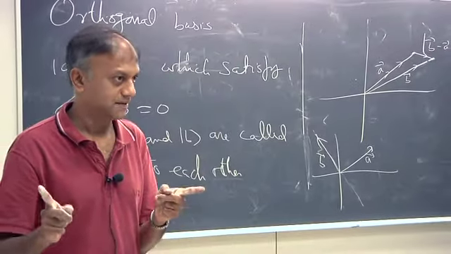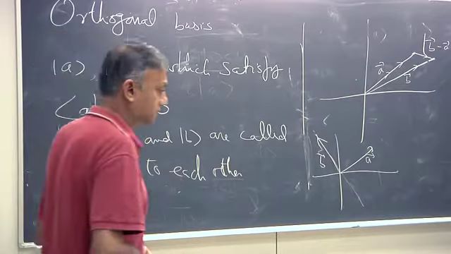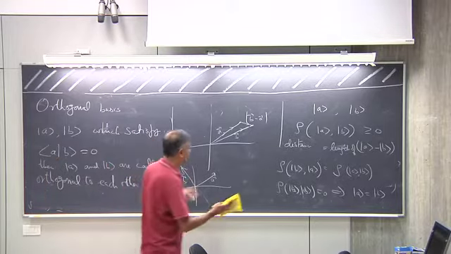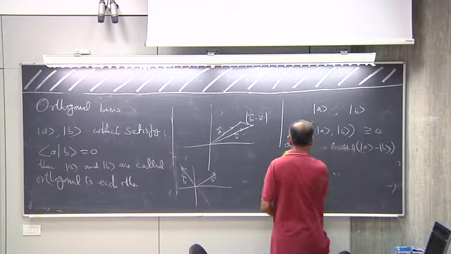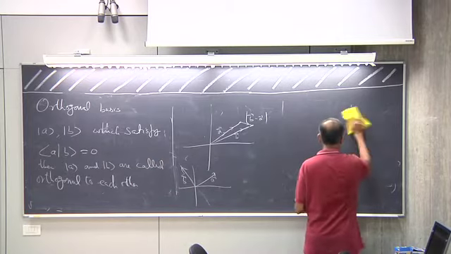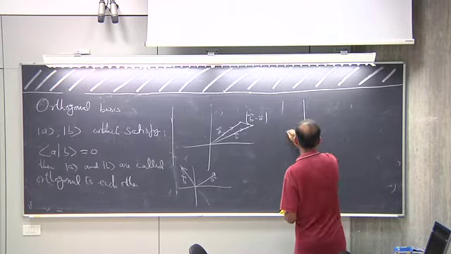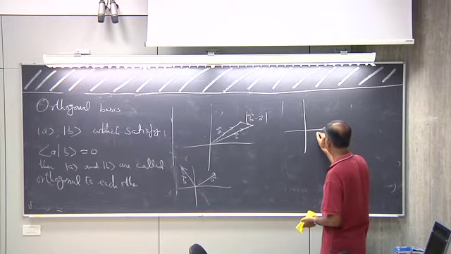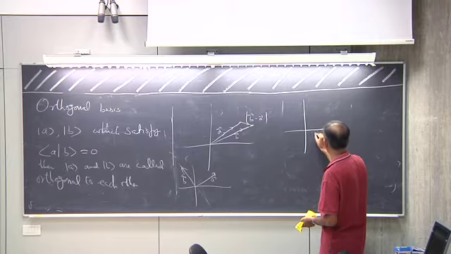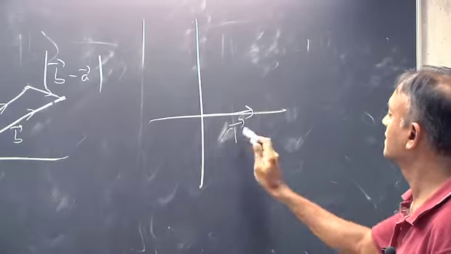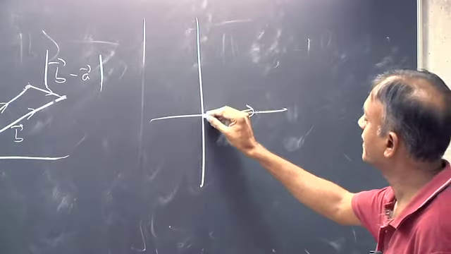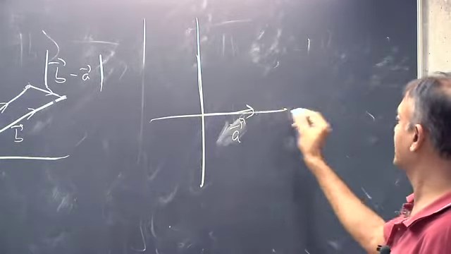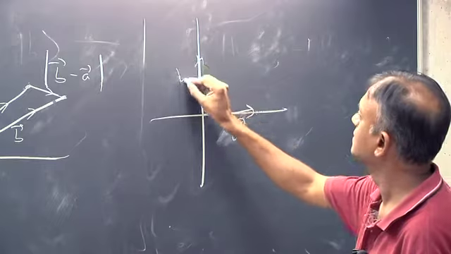In particular, for example, in the two-dimensional case, what do we choose? We don't choose just generally. Normally we choose these basis vectors, right? Let me call one of them 1, A. And another basis vector which is along the y-axis. This is the x-axis, this is the y-axis, right?